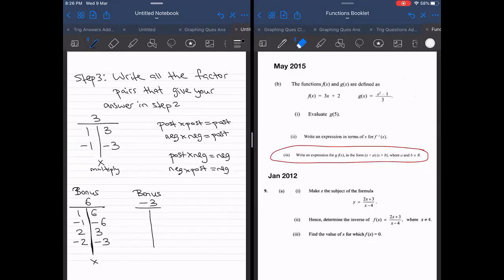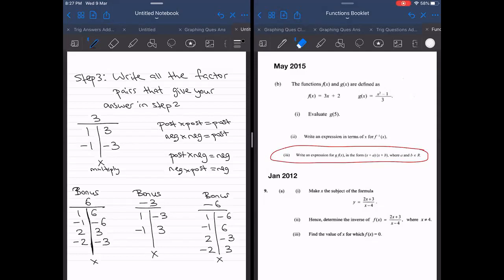So if it was -3 instead, you would do 1 times minus 3 and minus 1 times 3. If it was instead minus 6, you would do 1 and minus 6, minus 1 and 6, 2 and minus 3, or minus 2 and 3.